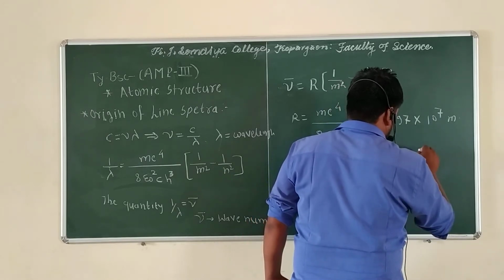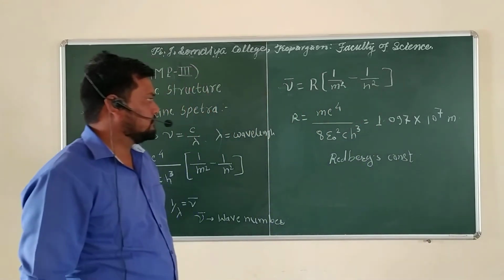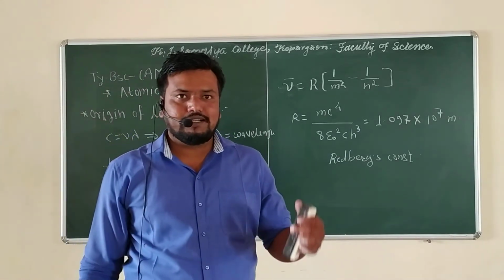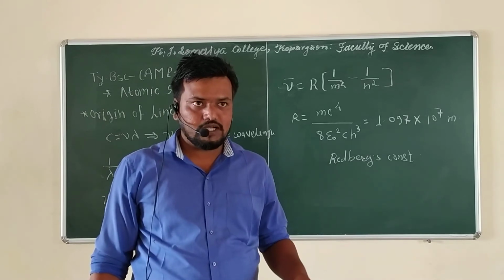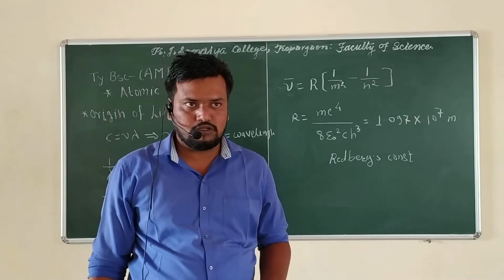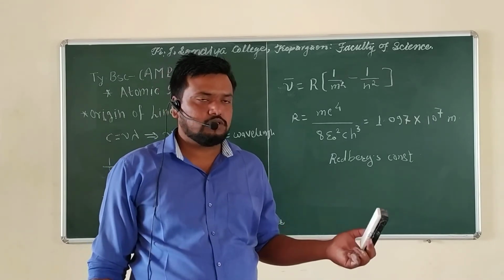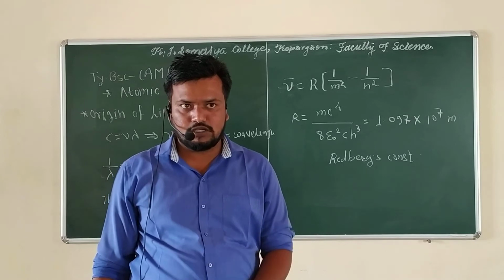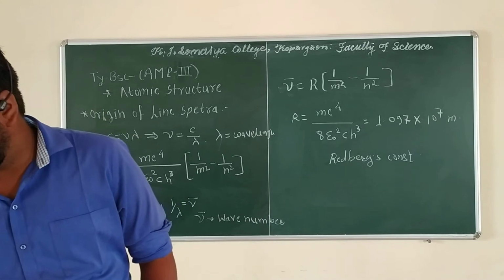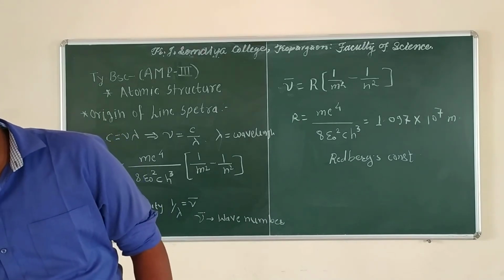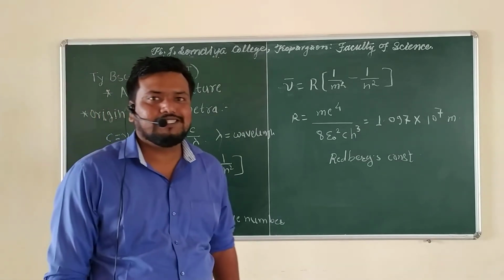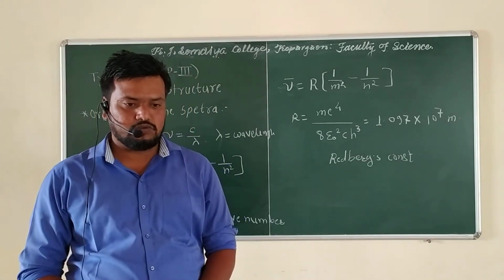In the last lecture we saw that the Bohr atom model is the modified Rutherford model of an atom, which tried to show the stability of the electron, and this theory is on the basis of Planck's quantum theory. We saw that Bohr calculated the Rydberg constant value, and this value is 1.097 into 10 to the power 7 per meter.